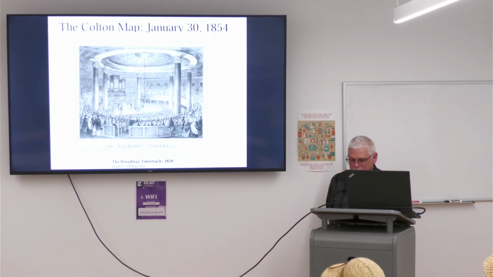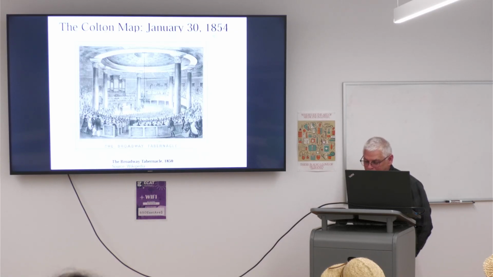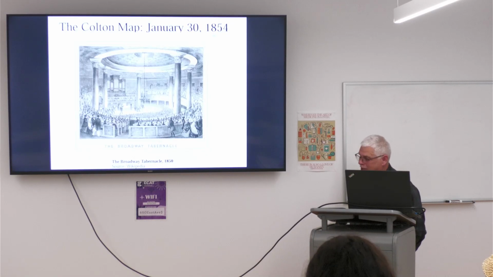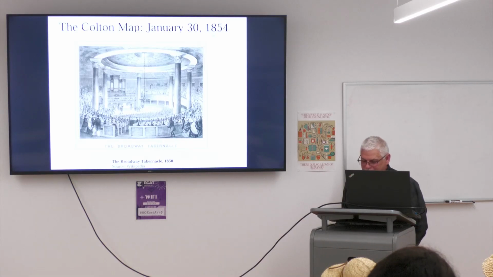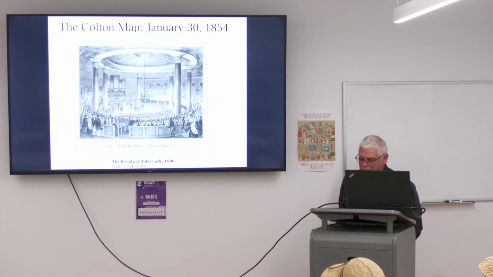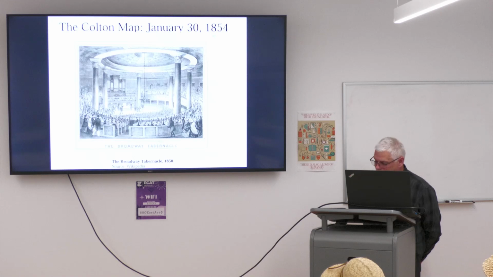Many speeches were made, but the star was a prop that was center stage, a giant map made by cartographer George Colton. The New York Times reported that, quote, the front of the choir in the rear of the pulpit was illuminated by a row of lights, intended to display the proportions of a large and handsome map of the United States and the territories, prepared for the occasion by Mr. Colton.